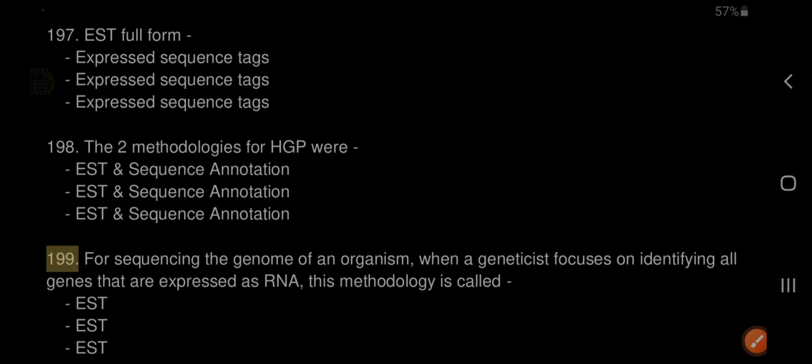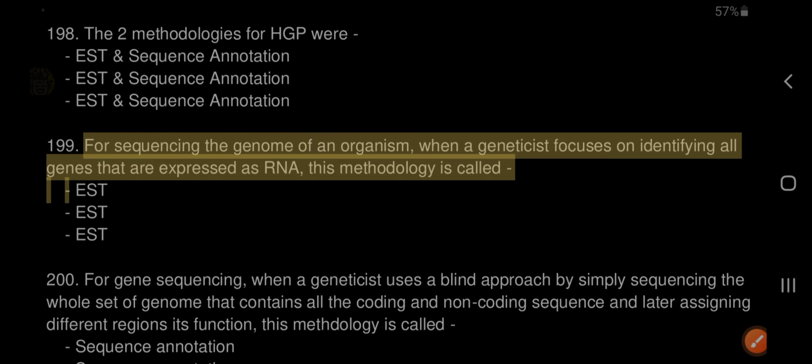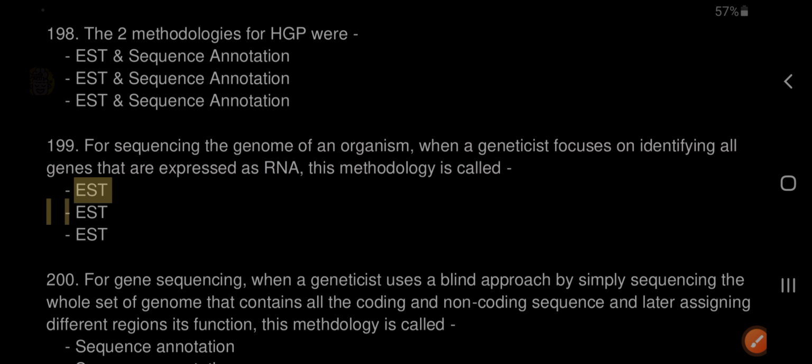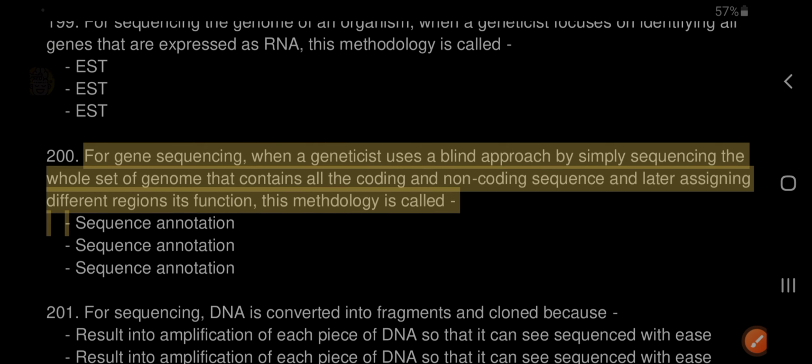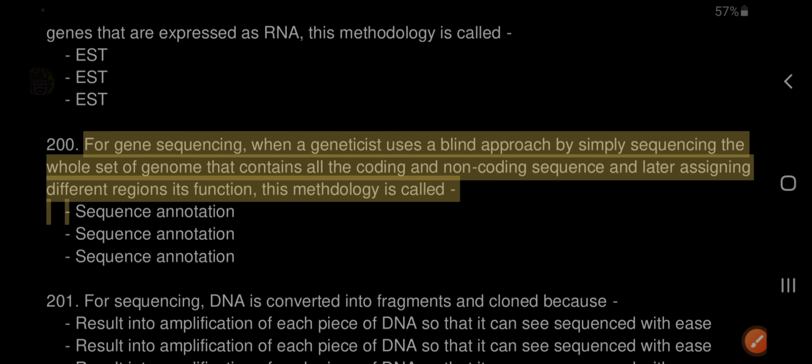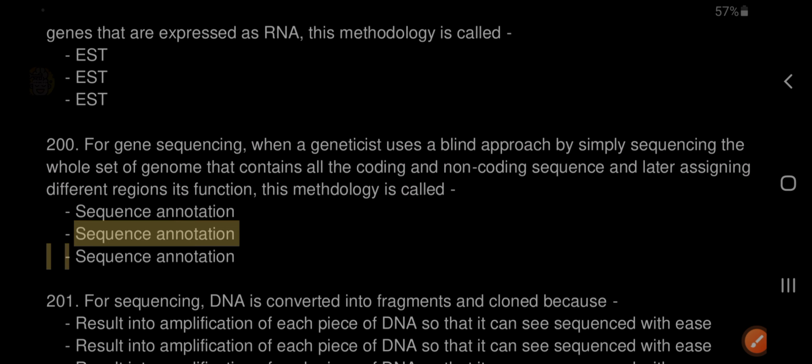When a geneticist focuses on identifying all genes that are expressed as RNA, this methodology is called EST. 200. When a geneticist uses a blind approach by simply sequencing the whole genome, containing all the coding and non-coding sequences, and later assigns function to different regions, this methodology is called sequence annotation.